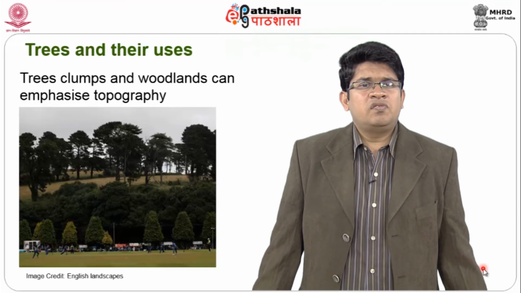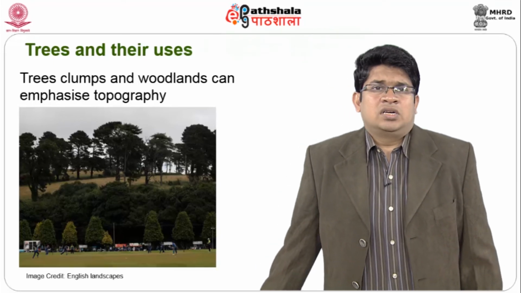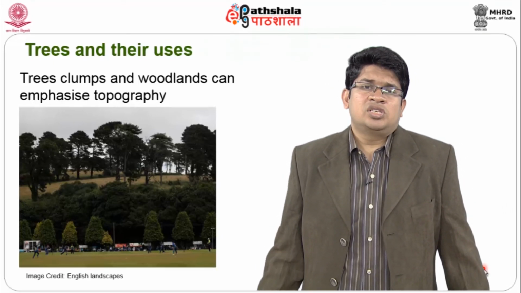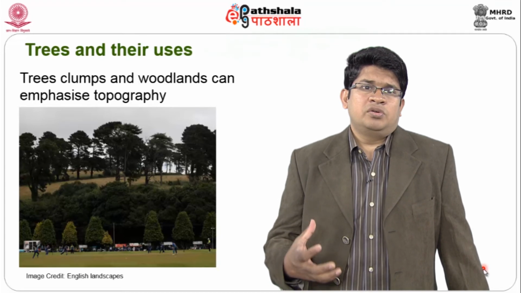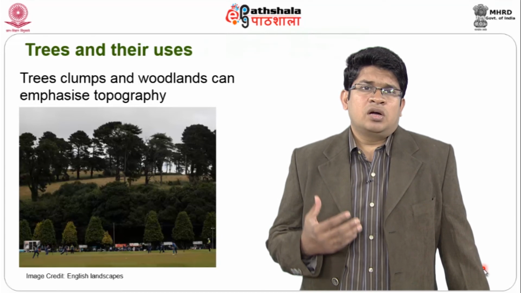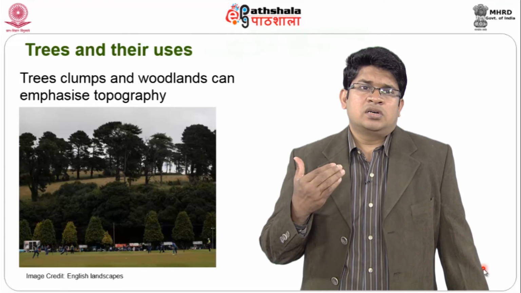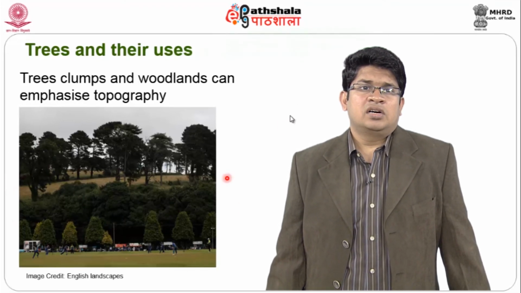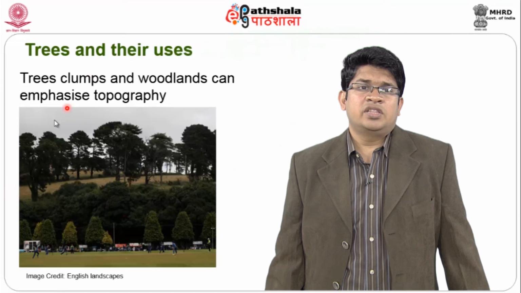What significantly highlights them are the trees, the clumps and the woodlands which are brought together, so that once the trees are placed at the different levels, one could identify the clumps and identify the topography.